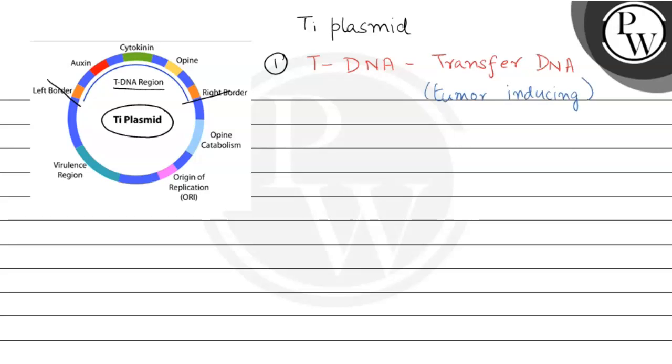So this transfer DNA is the region that is transferred from the bacteria to the plant cells.